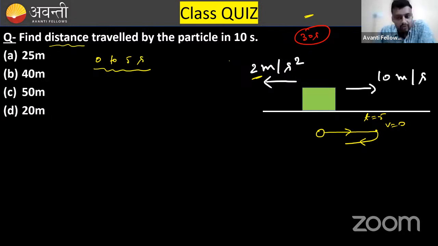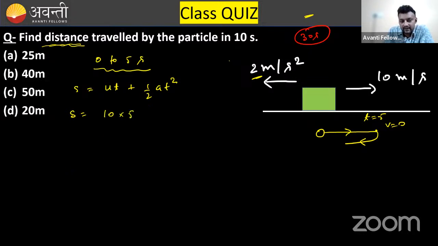Is it clear? Now, if I wanted to calculate the displacement, there would be no need to do all these processes. So for the 0 to 5 second distance, we will say s is equal to ut plus half a t square. Just put the values. s is equal to u, which is 10 meter per second, times time, 5 seconds.